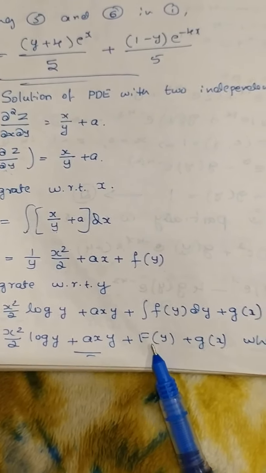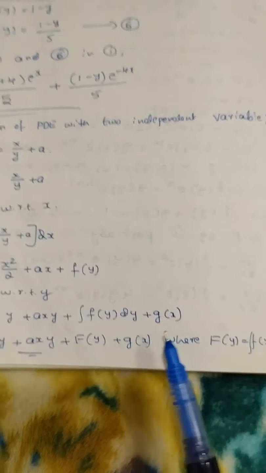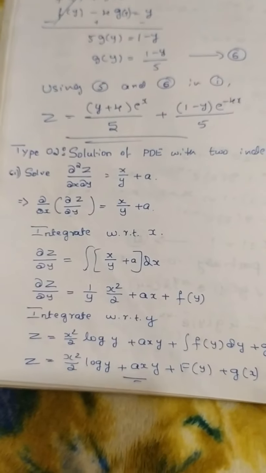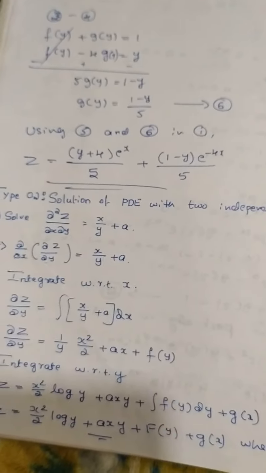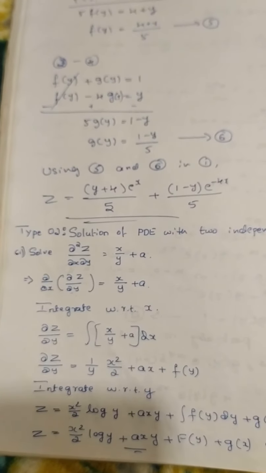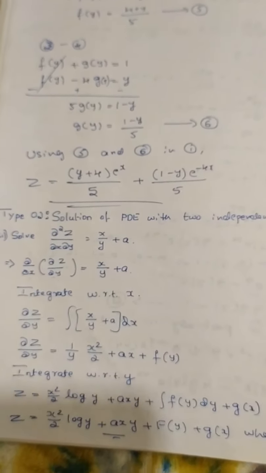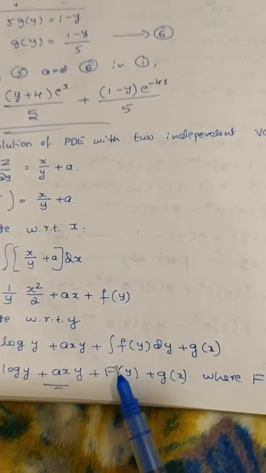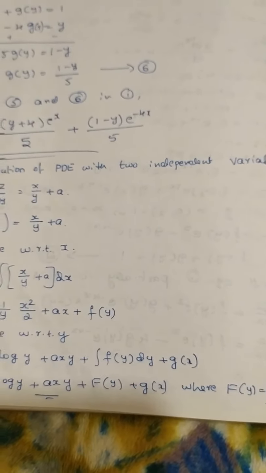This is the general form of the solution of a partial differential equation. But in the examination you will always get a PDE with some conditions. If conditions are given, you have to find f of y and g of x.